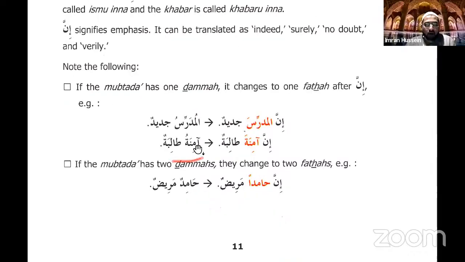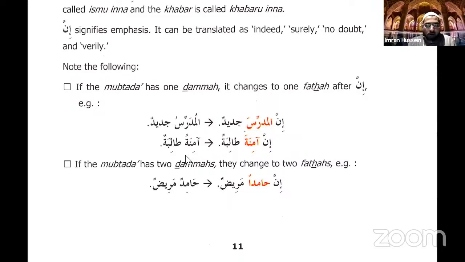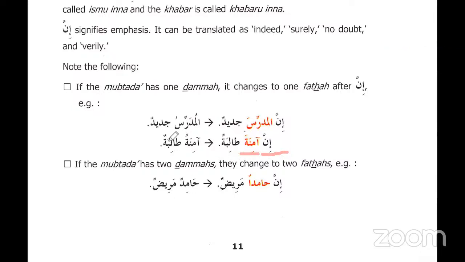Over here now, Aminatu talibatun: Aminatu is a diptote noun. Remember, it ends with the ta marbuta, so it doesn't take a tanween, and that is the reason why it's not taking a tanween here. And then we say inna Aminata talibatun. Correct? Okay, continue.